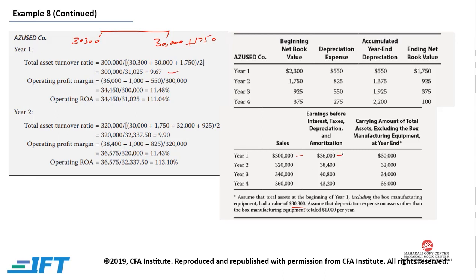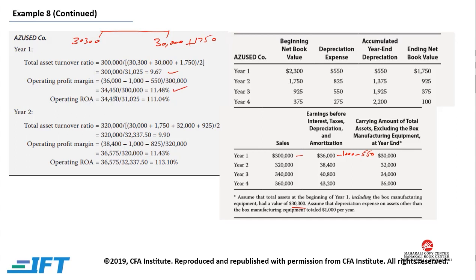Your operating profit margin would be 36,000 minus 1,000 minus the first year depreciation, which is 550. So 36,000 minus 1,000 minus 550 equals 34,450. Operating profit margin is EBIT divided by revenue. So revenue is again 300,000. You get 11.48%.